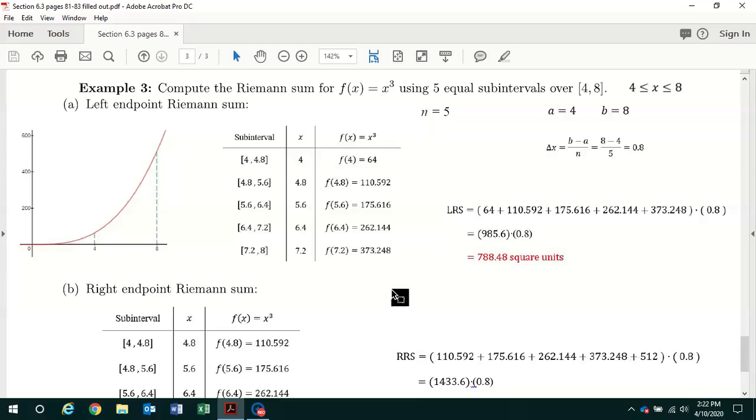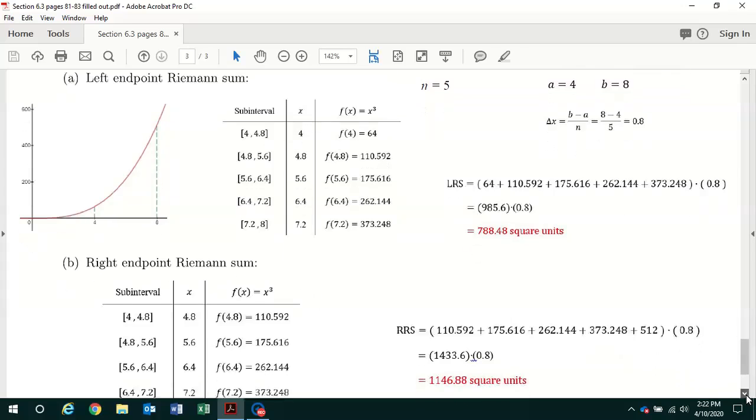And so to get the total area of the 5 rectangles, we add up those 5 numbers and then multiply by the width of each rectangle, which is 0.8, and we get the area of the 5 rectangles is 788.48 square units. So using a left endpoint Riemann sum, 788.48 square units is our estimate of this area under the curve above the x-axis from x equals 4 to x equals 8.